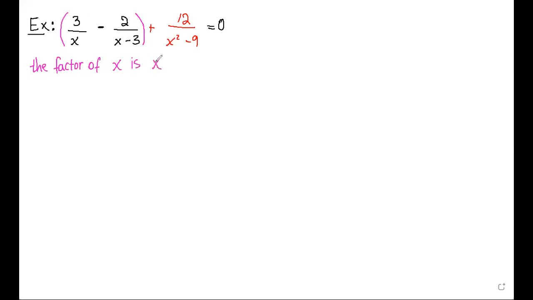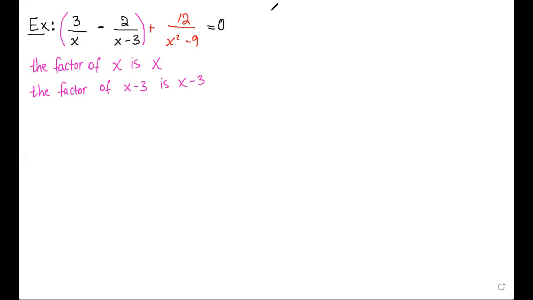It is x. Why? Because it's already factored. We cannot factor it more. The factor of x minus 3 is, what is the factor? I tried. It is already factored. We cannot factor it more. So x minus 3.